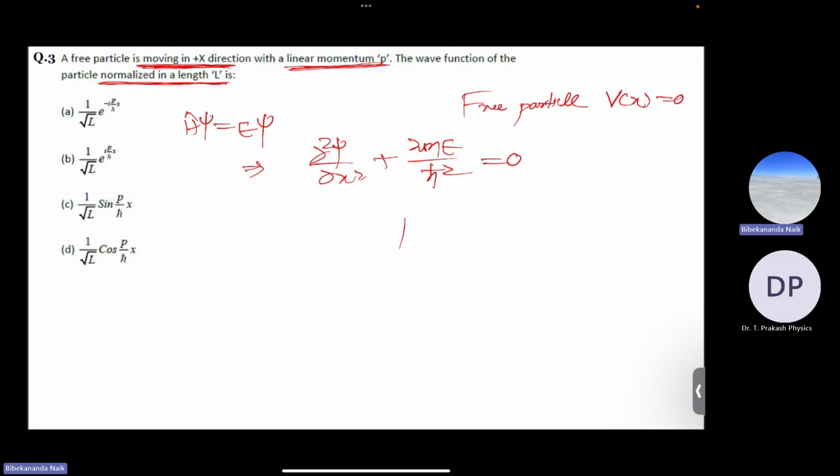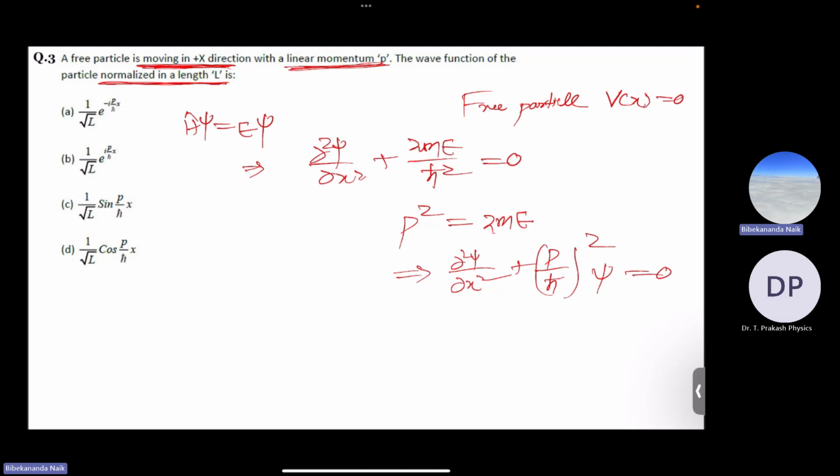You know the relation between momentum and energy is given by p square equals 2mE. So this equation will become del square psi by del x square plus p square by h cross square into psi equals 0.